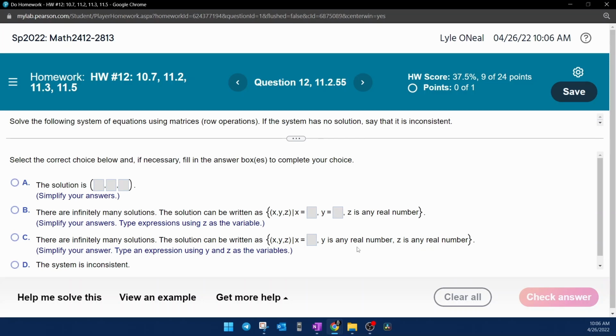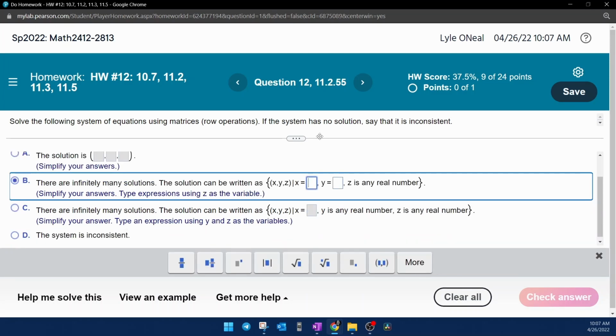That is not correct, because remember, y in this case is based on what z is. So we can't just pick anything we want for y. We're going to have to calculate y based on what z is. And so that's going to mean that our answer choice that we want to select is B. And then we're going to input our equations in terms of z that we got for x and y.